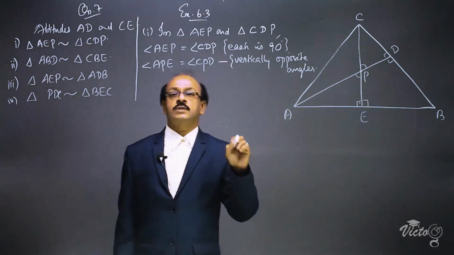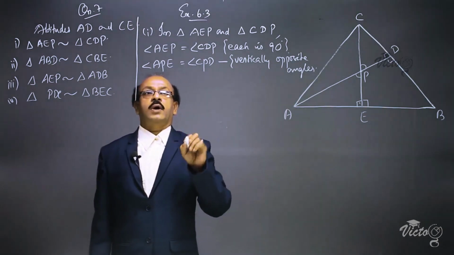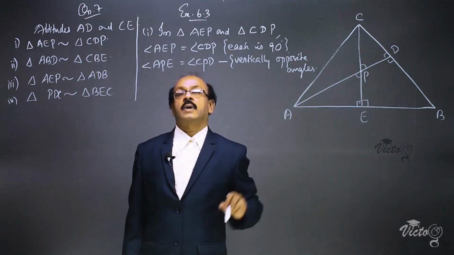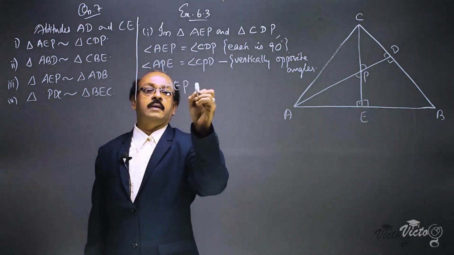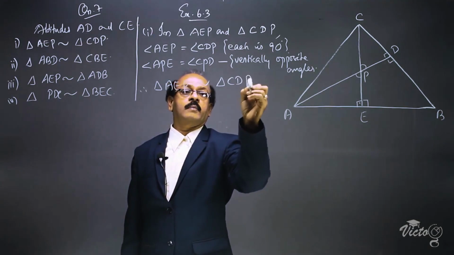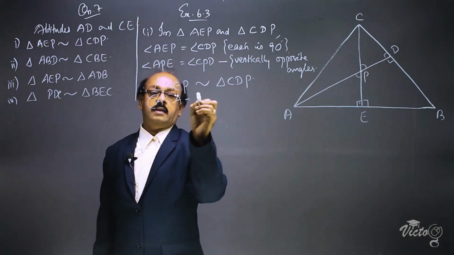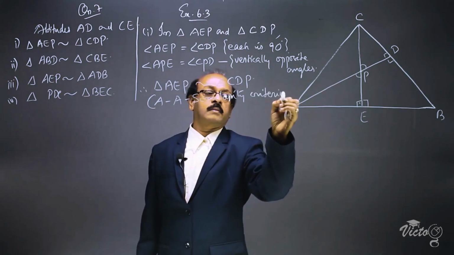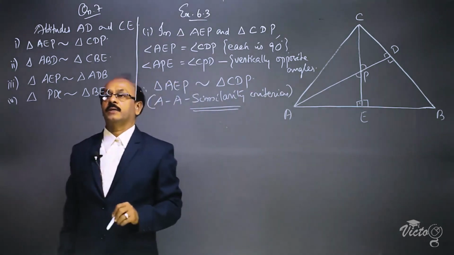These two equalities are sufficient for us to prove triangle AEP and CDP are similar by the AA similarity criterion. Therefore, triangle AEP is similar to triangle CDP, by the AA similarity criterion. First part is over. Now we are going into the second part.